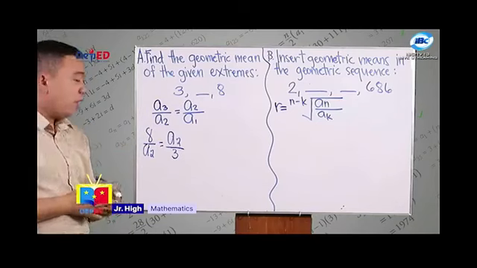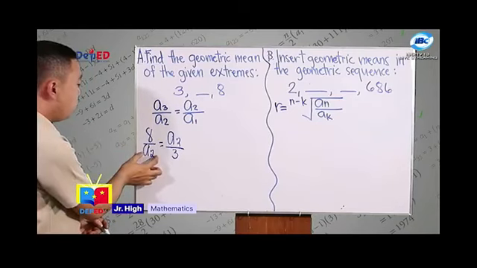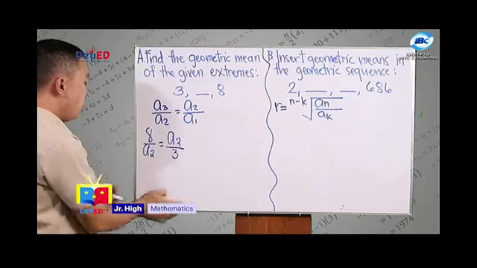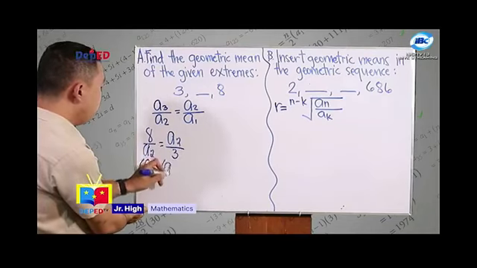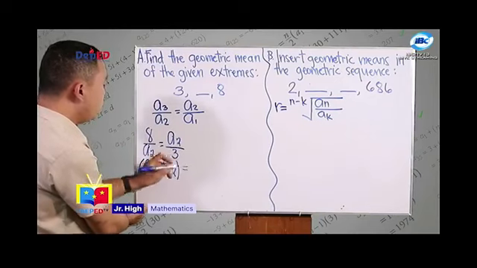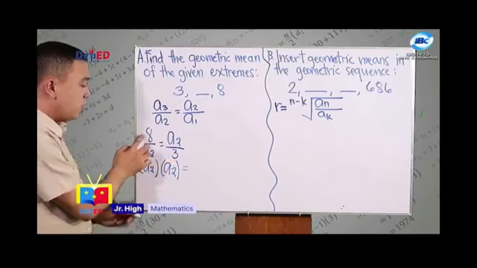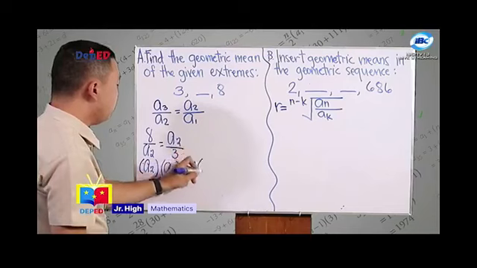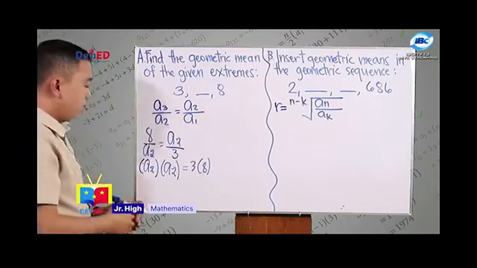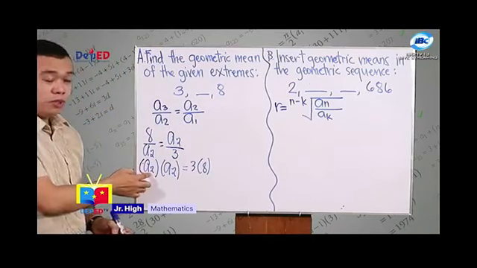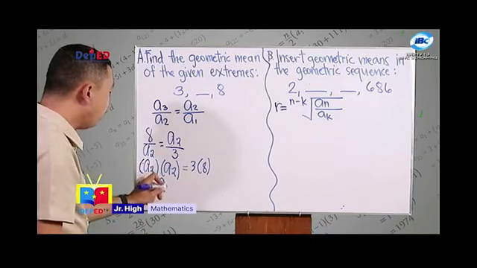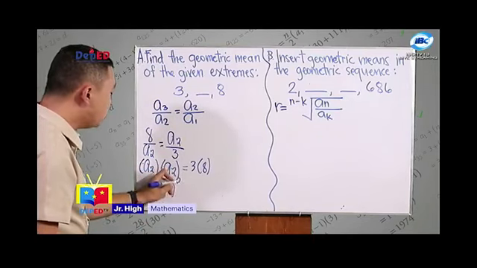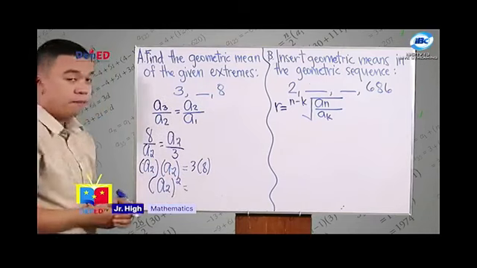Now, let's cross multiply these terms. You have a sub 2 times a sub 2 is equal to 3 times 8. All right. Multiplying a sub 2 times a sub 2 will give us a sub 2 squared.